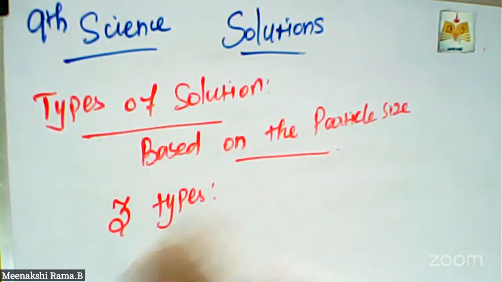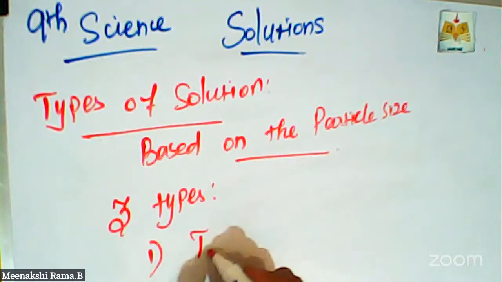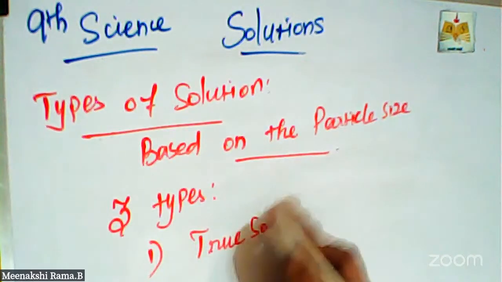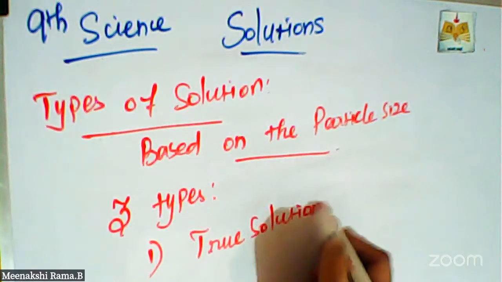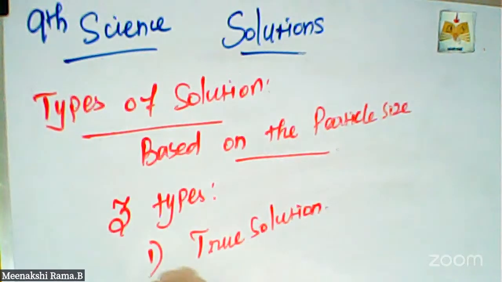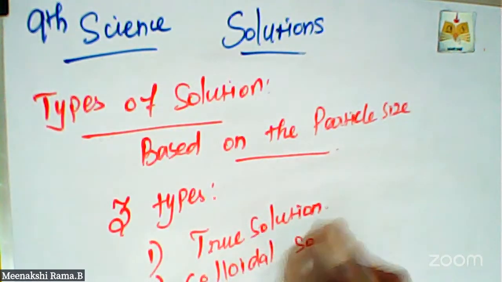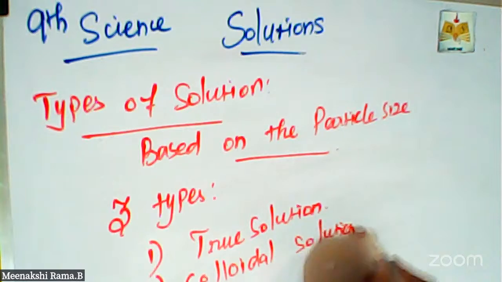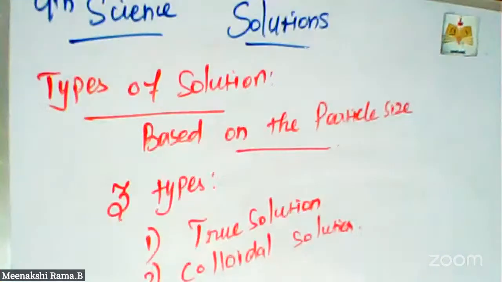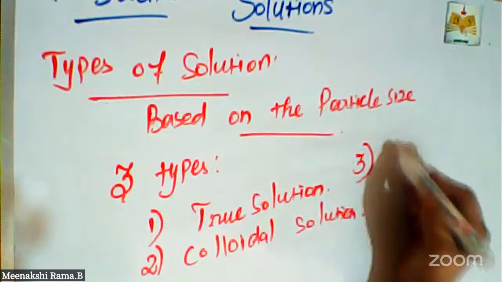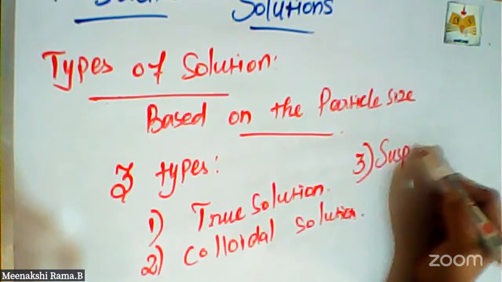What are they? One is true solution. The first kind of solution is called true solution. Another one is colloidal solution. And the third one is suspension.